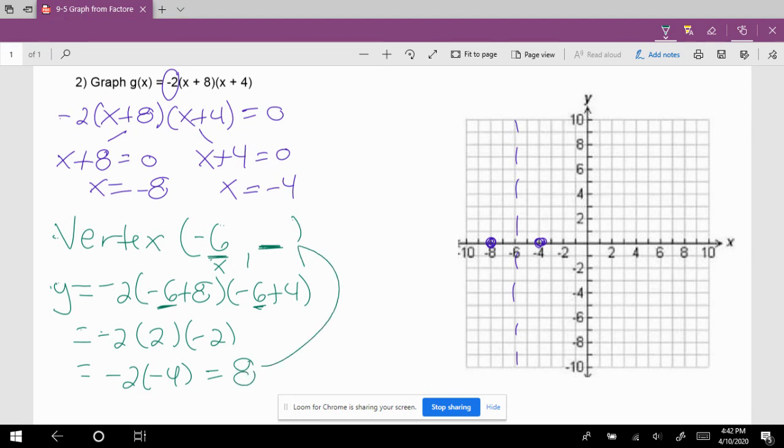So for the vertex, the y value is 8, because remember, this whole time this is all y equals. So (-6, 8) is my vertex. And now I am able to draw the parabola. This one's facing down, which is good, because at the very beginning we noticed that the -2 out front means this is a negative parabola.